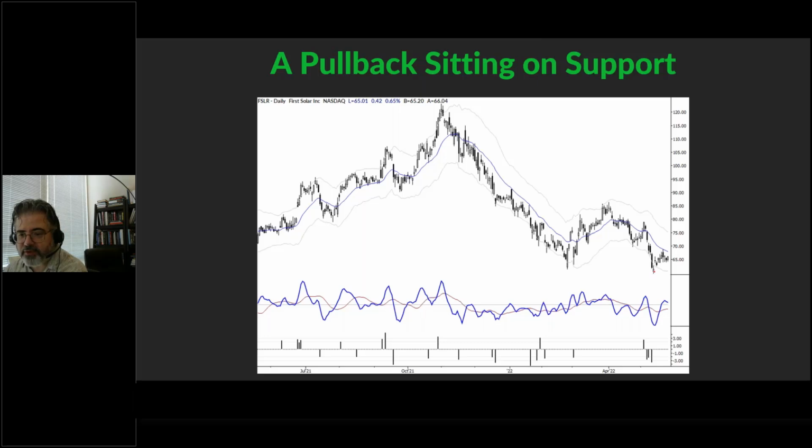Here's a pullback in First Solar. A lot of the solars have been pretty weak, and we did have some tradable bear flags. This was a recent tradable pattern in many of them, and also you can look at there's an ETF, TAN, T-A-N, that is picking up some nice bearish patterns.